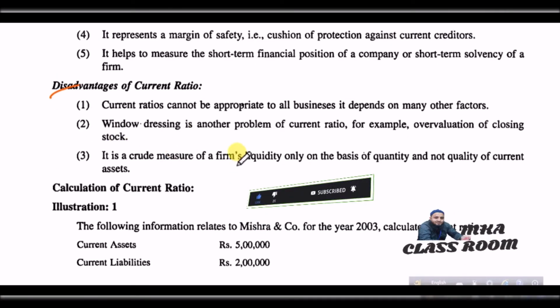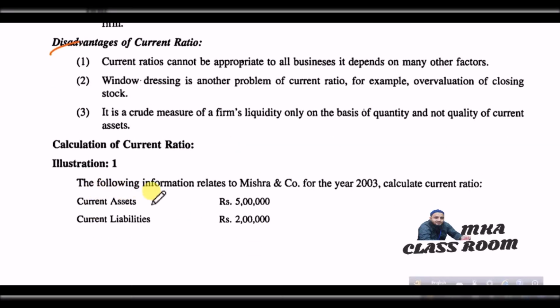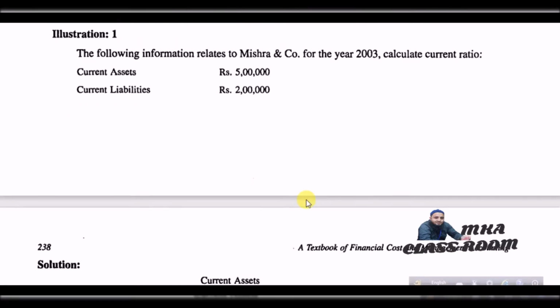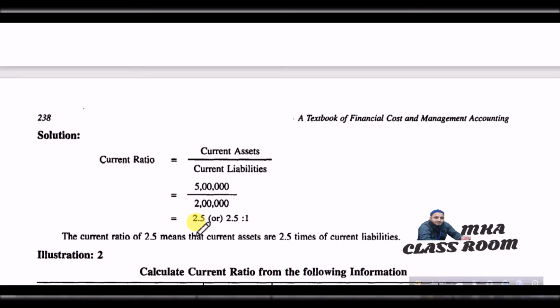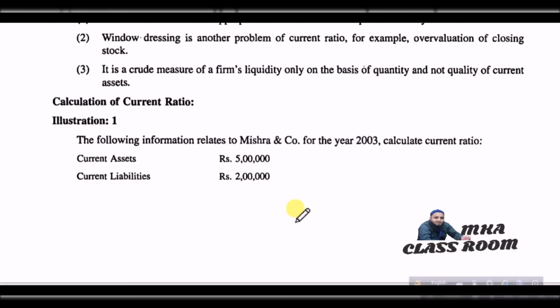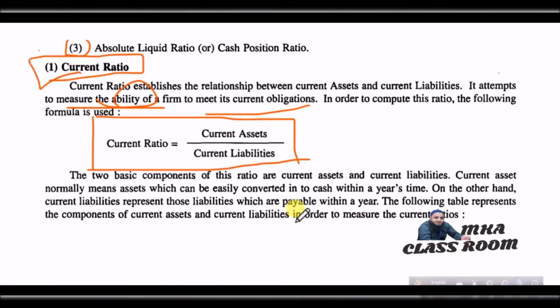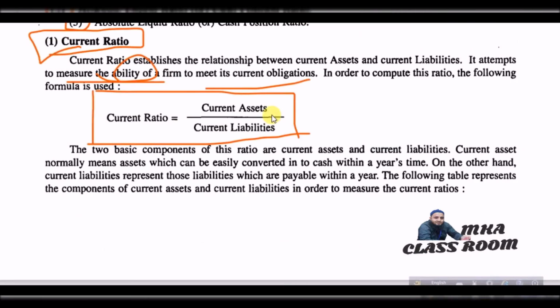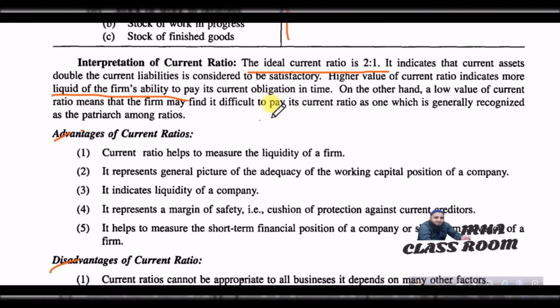So here as an example, how we can calculate the current ratio. As the following example, calculate the current ratio: current assets 5 lakh and current liabilities 2 lakh. The formula for current ratio is current asset divided by current liabilities.